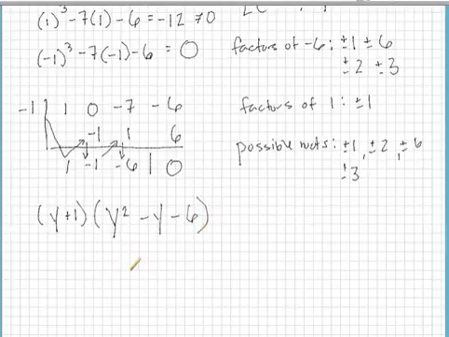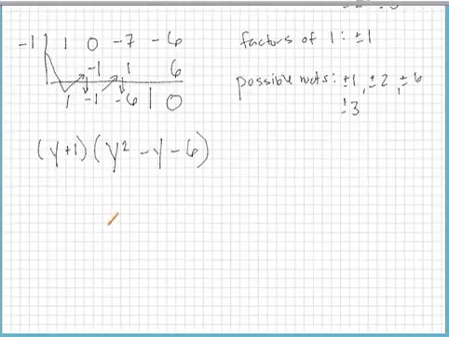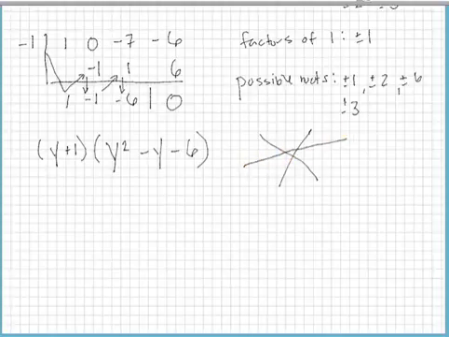This is now reduced to a quadratic, which we can factor by traditional methods. I'm going to use the star method.